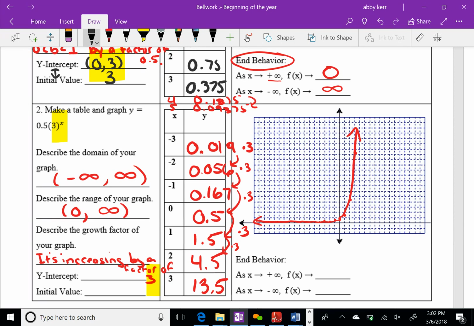Now the y-intercept. In this equation, it is our initial value. I apologize, you need to write that as an ordered pair. You can find the y-intercept on the table or the graph. Your initial value is the same as your y-intercept.